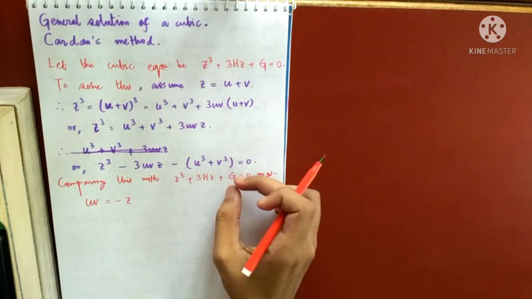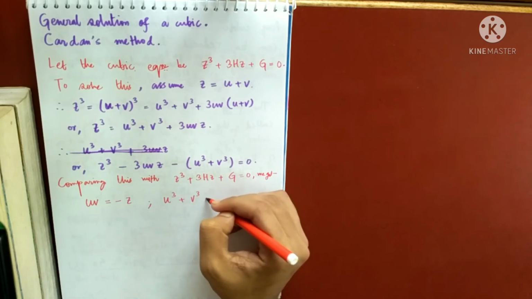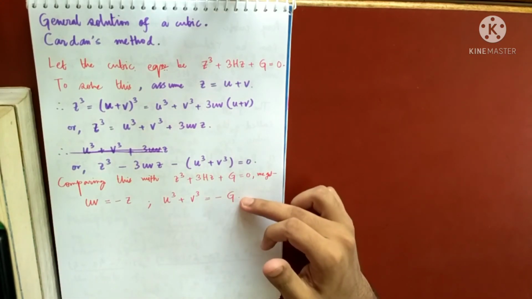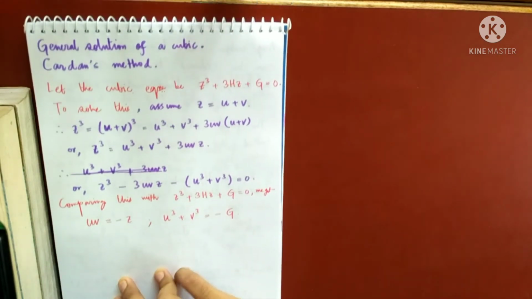And u cube plus v cube is equal to minus g. So these are the values of u cube plus v cube and u into v that I am getting. So after this, what to do? We have to find the values of u and v.